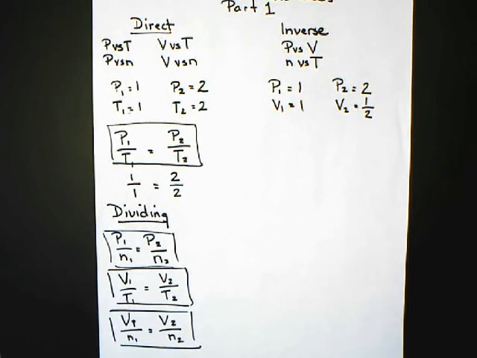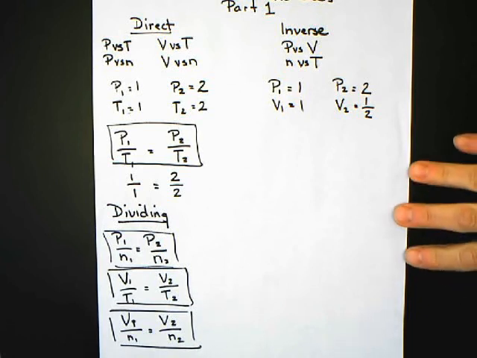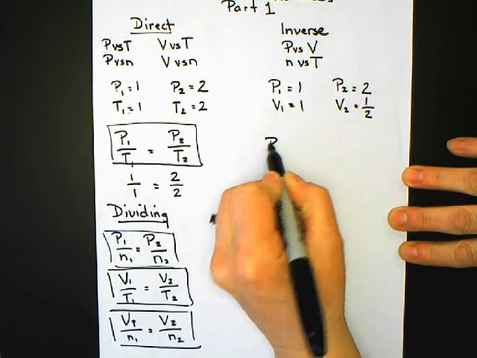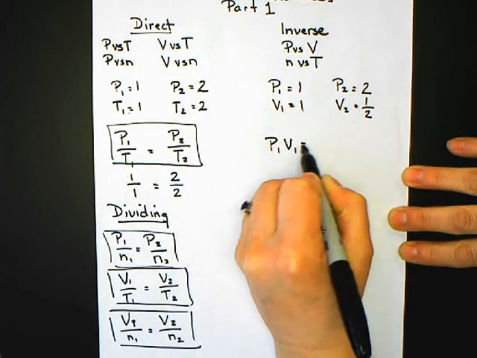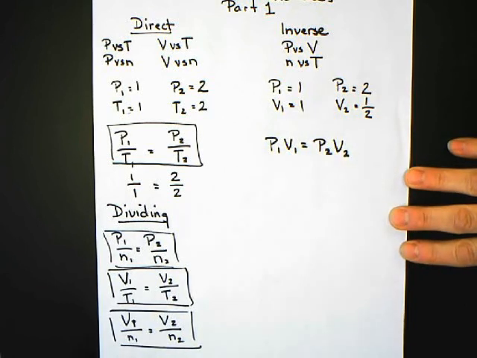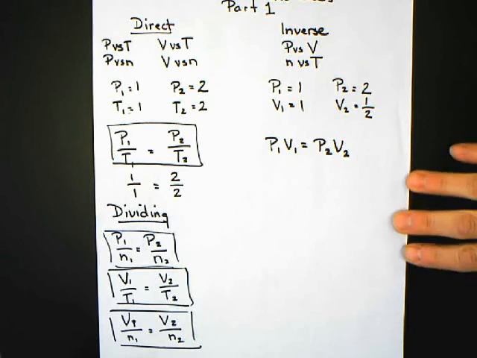Well, you've probably figured out that in order to show an inverse relationship, just like concentration and volume for the dilution equation, you've got to multiply the variables because one goes up, the other goes down, but you maintain a constant value, the product. So here's what I would do, and again, if you take a look, 1 times 1 is definitely equal to 2 times a half, so mathematically that works.